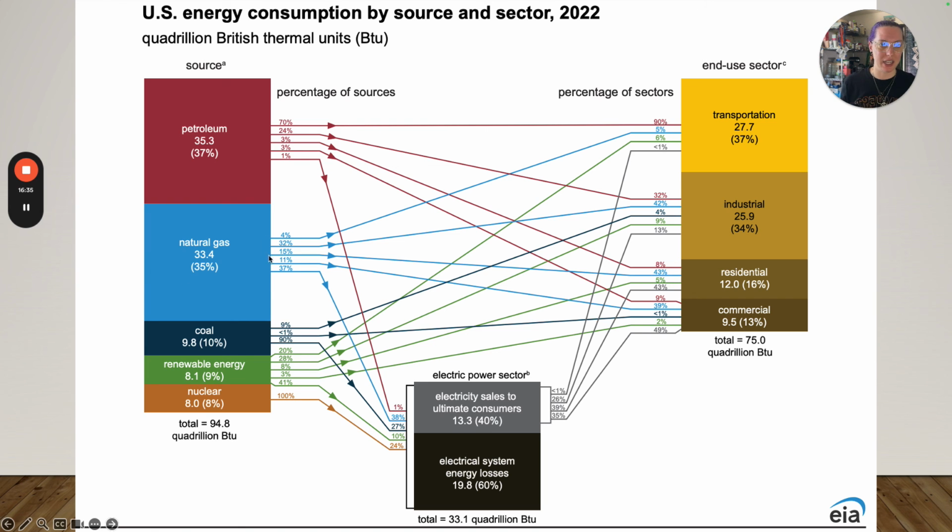Or if you're trying to lessen your dependence on natural gas, which mainly goes into industrial, but energy and residential here as well, things you could do would be to insulate your homes, weather strip doors, use energy efficient appliances, turn off your lights as needed, install solar, but again, buy less stuff.